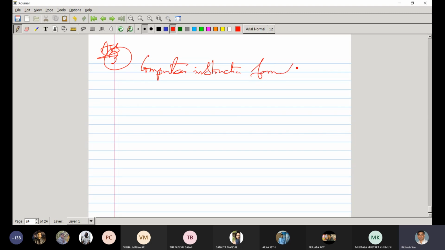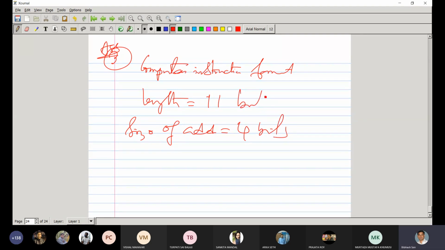Okay, instruction format. Did you write it? Just give me anyone. The instruction length and the size of the address field are given, respectively.